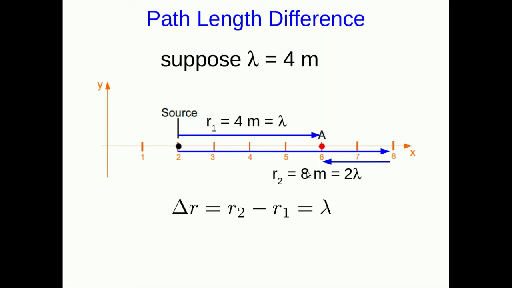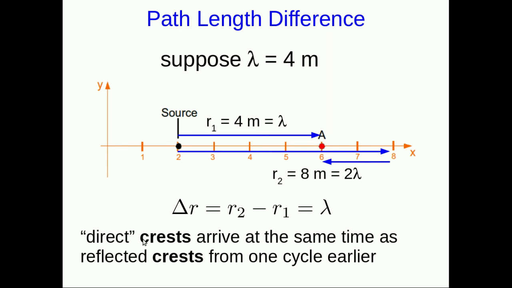Well, so what? Well, that means that waves that leave the source and get here directly will have been traveling for one period, right? A wave travels a distance equal to lambda in a time equal to the period. But they're going to arrive there at the same time as waves that left and came in 2 periods.